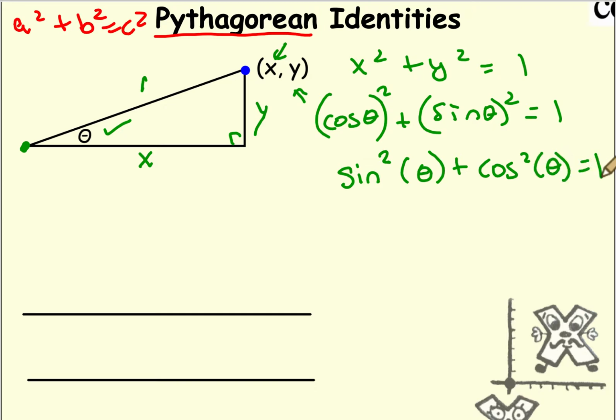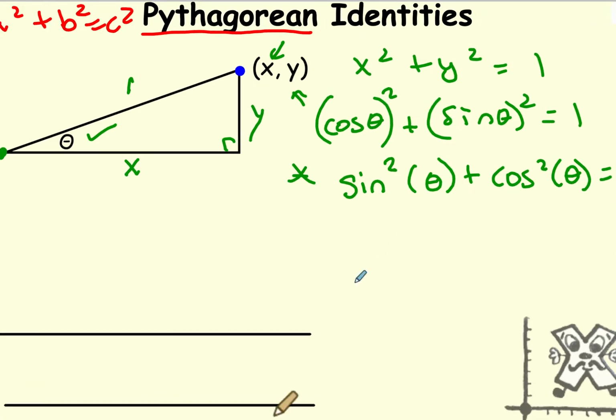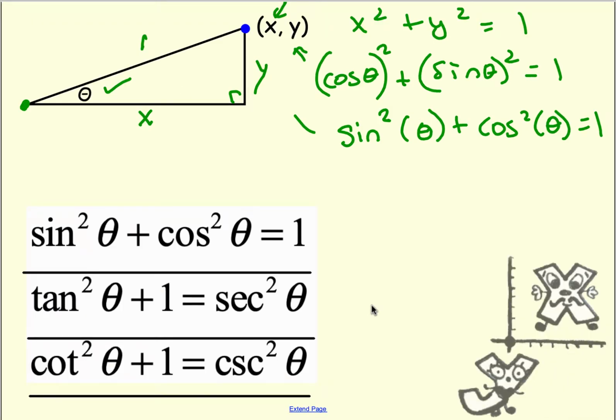And here is our first trig Pythagorean identity. Now there are 3 of them, and all 3 of them are variations of this one. Well, this one plus 2 other variations, I should say. Okay, so the first one is one we just went over. And remember, because addition is commutative, it can be written cosine squared plus sine squared.